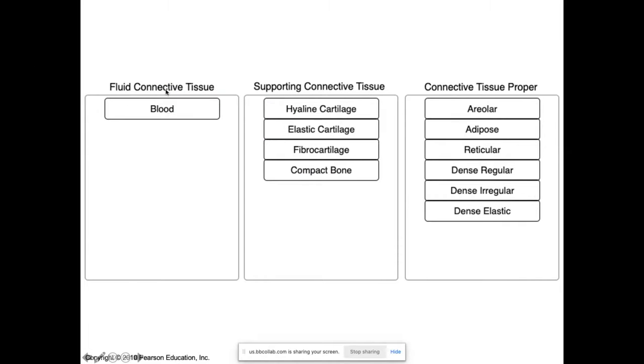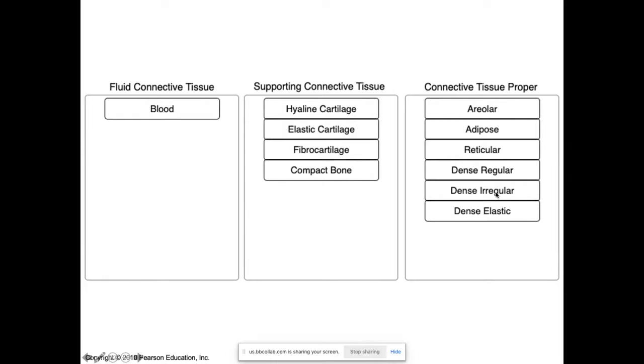We went over that there was fluid connective tissue, supporting connective tissue, and then we said there was connective tissue proper. So the first one we covered was this, connective tissue proper. We said there was areolar connective tissue, adipose, and reticular. Right? Adipose was fat, reticular makes up the framework, areolar separates your skin from the underlying muscle. Then there's dense regular versus dense irregular.